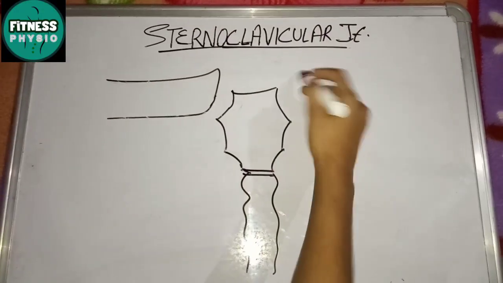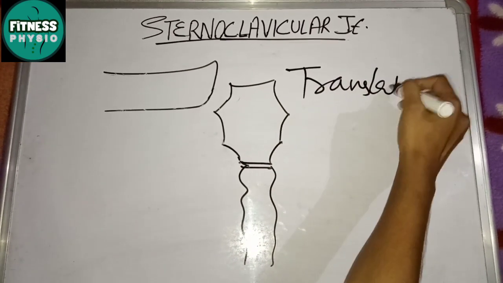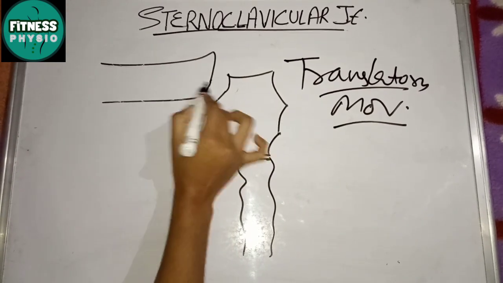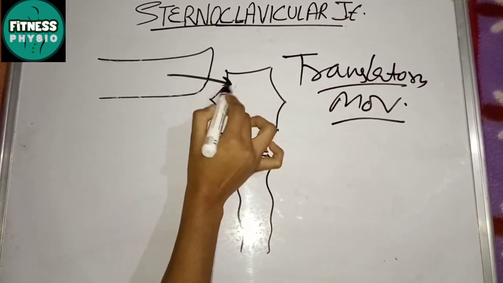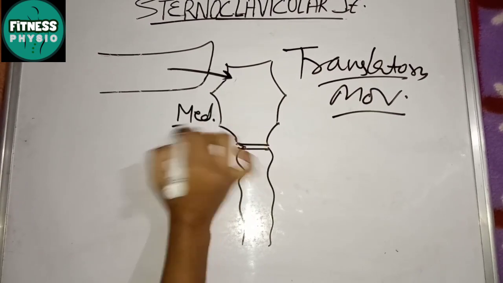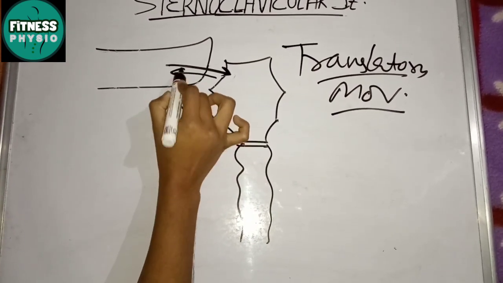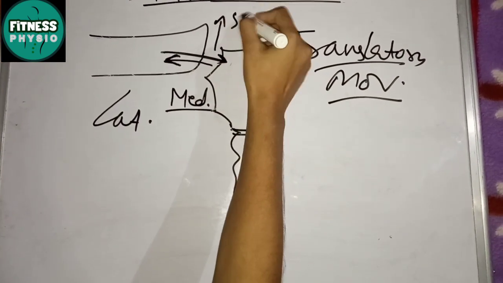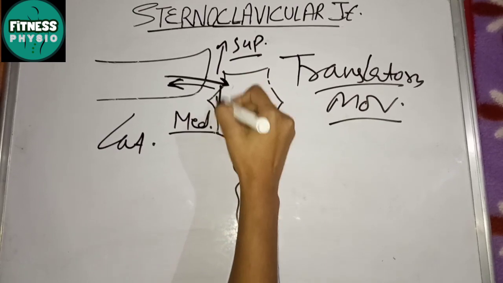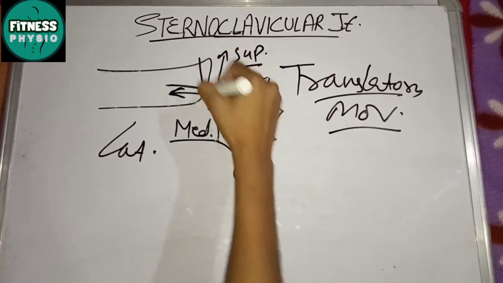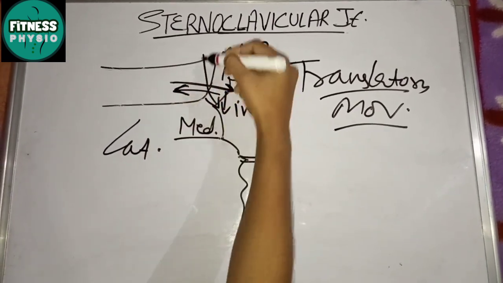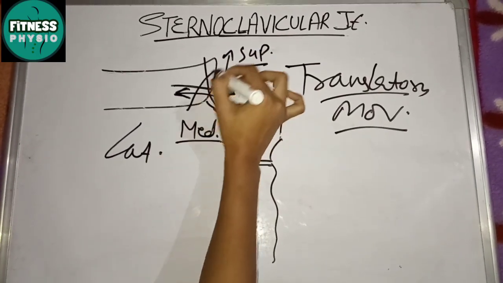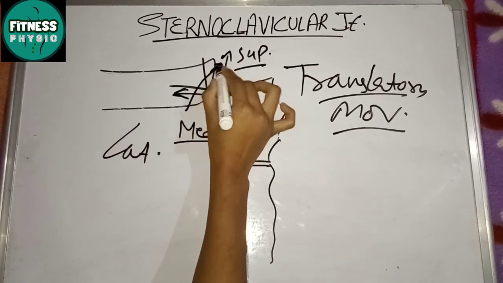Now, translatory movement. If your clavicle moves this side, this is medial movement. If your clavicle moves laterally, this is lateral movement. It can also move superiorly, inferiorly, anteriorly, and if it moves this side, this is posterior movement.